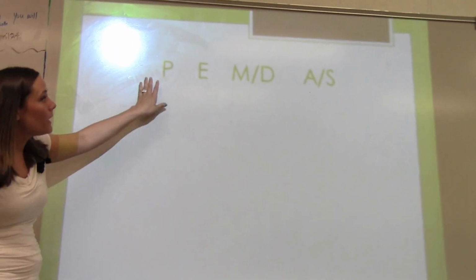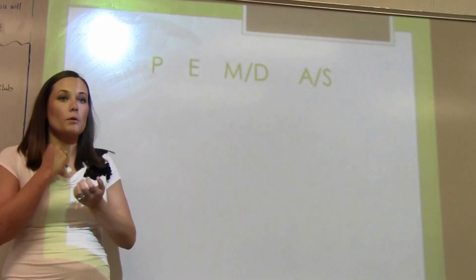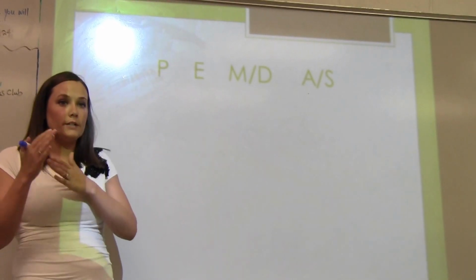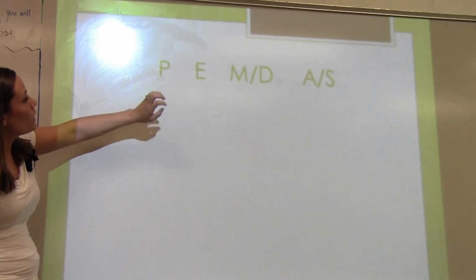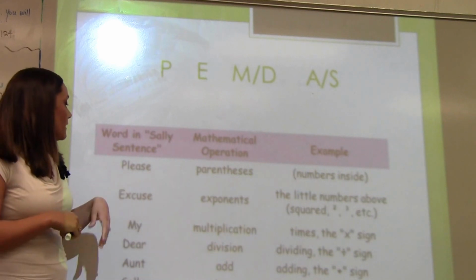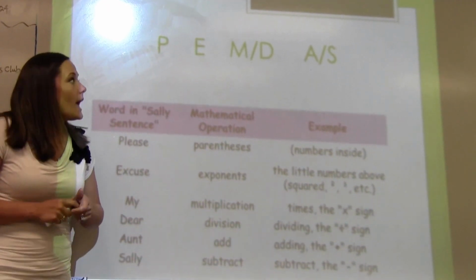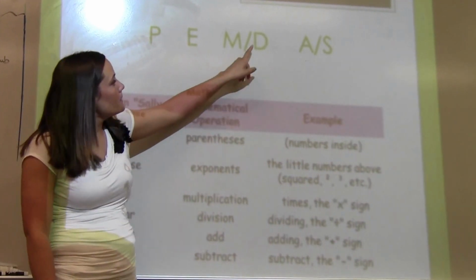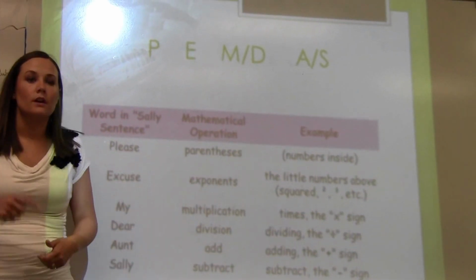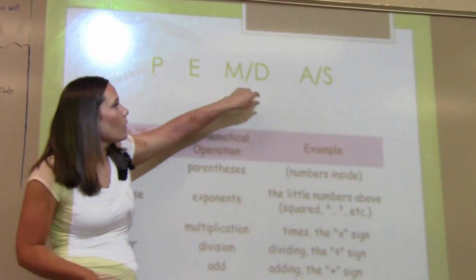We're going to write this down every single time you do a problem. This is going to remind you what order you need to go in, okay? First we have our words over here: Please Excuse My Dear Aunt Sally. And we have P-E-M/D. What's the slash? It stands for or.